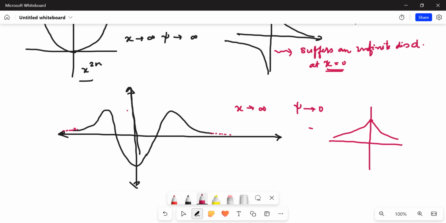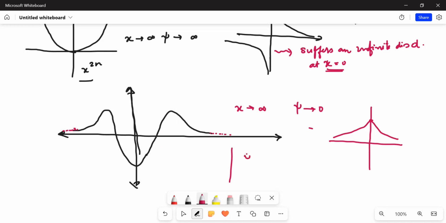And if you make the graph of |psi|^2, what will happen? This particular thing will go upside, so basically the mod square is going to give us just the positive part. This |psi|^2 would represent a bounded function.